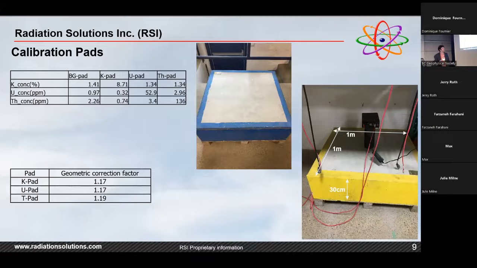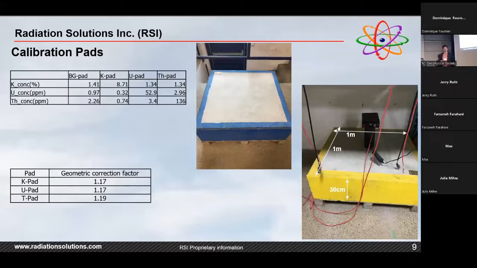Another important thing to consider is the geometric correction factor. When the crystal is sitting in the center of those pads, it's not equivalent to an infinite source that you'll most likely be looking at with a crystal. You're only looking at 50 centimeters on each side, so you also have radiation coming from outside those calibration pads that is not going to be recorded.